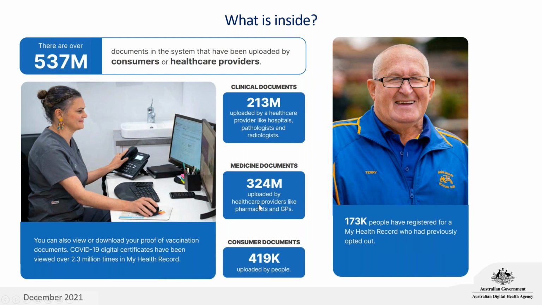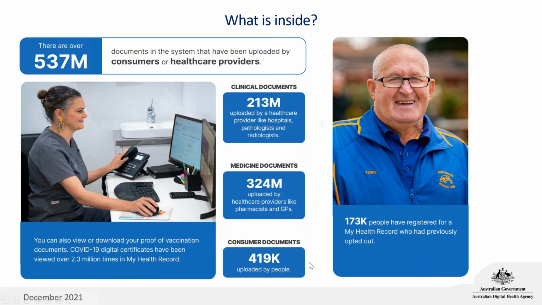We have specific medicine documents, information that's uploaded by those who dispense medicines to patients, so community pharmacies, for example, and prescribers that actually issue them with new prescriptions. So all of that information can also be found in My Health Record.